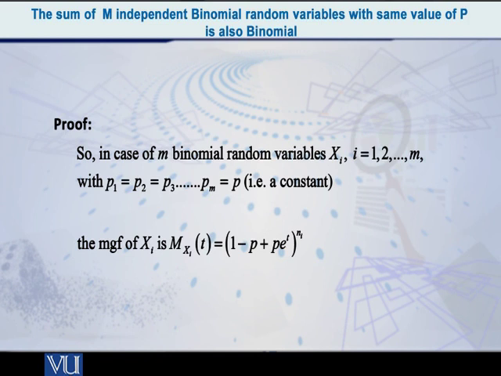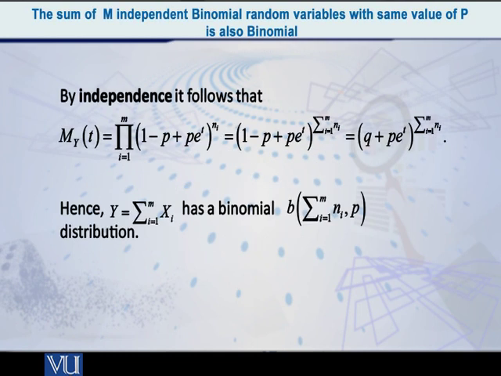If you've got this, then the next point, my dear students, is that the MGF of the sum of n independent variables is equal to the product of their MGFs. I think you have already studied this fact. Let me say it again.